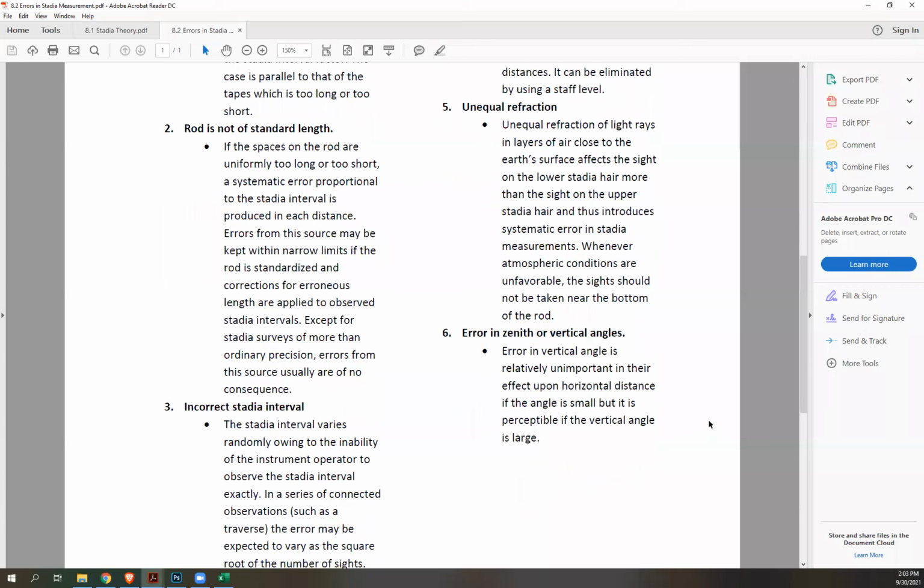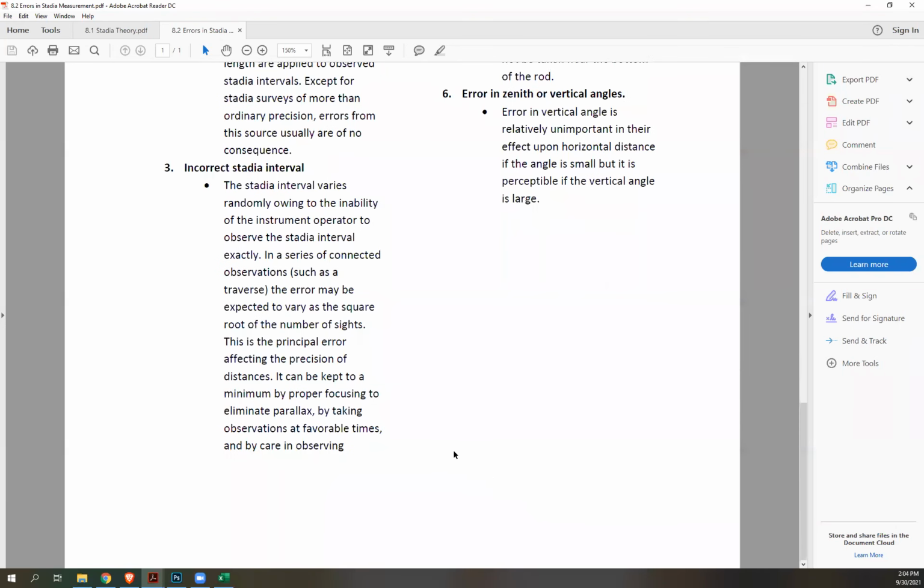And once again, this is a systematic error. So remember, systematic errors can be remedied by applying appropriate corrections. So that's it for errors in stadia work. Once again, if you have any questions, please answer in the chat.